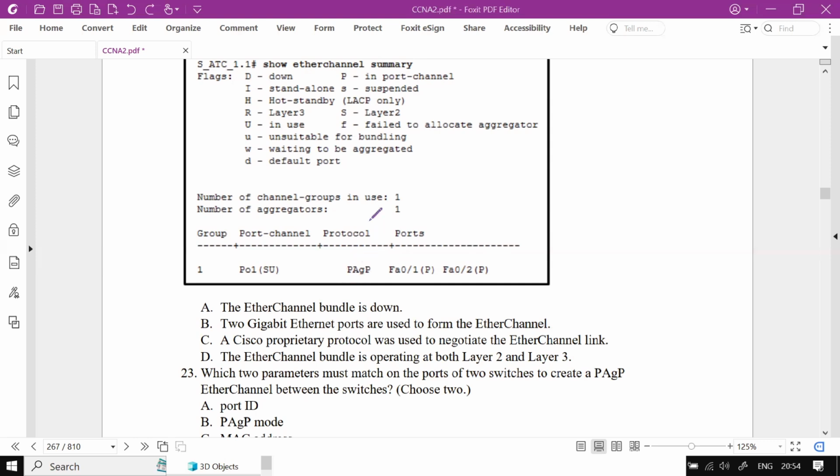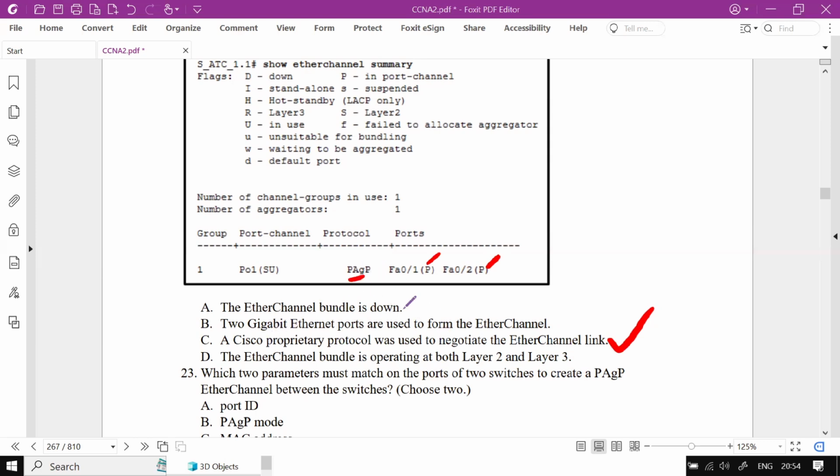I think that's the first thing that I saw. We're using PAgP, and the EtherChannel is active because there are P's here. The EtherChannel was formed. If you look at the answers, we definitely know this is an answer, because we have PAgP.